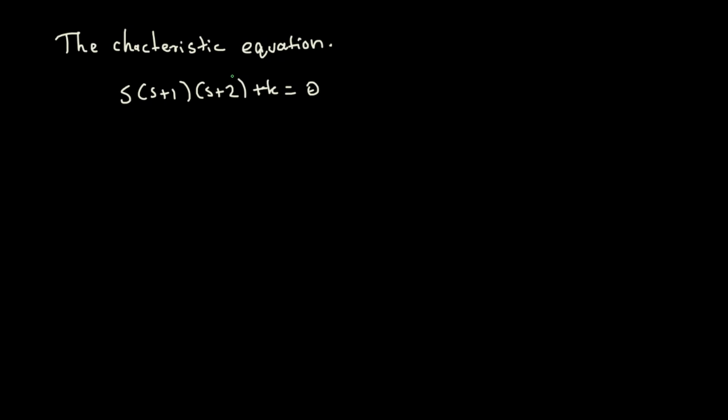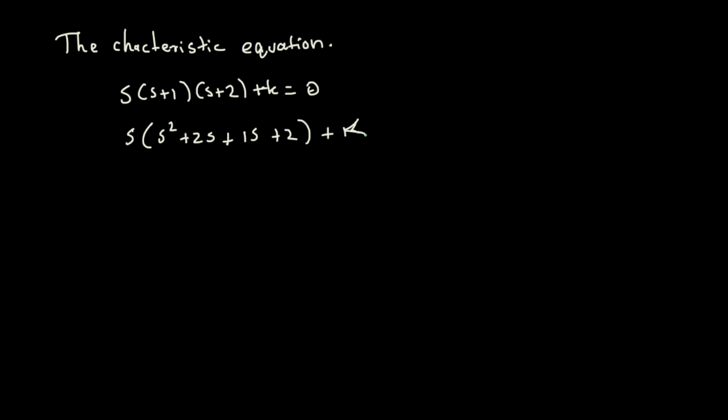And we can also simplify this by multiplying these terms. (s + 1) times (s + 2): s times s is s square, s times 2 is 2s, 1 times s is 1s, 1 times 2 is 2, and then outside we have plus k.